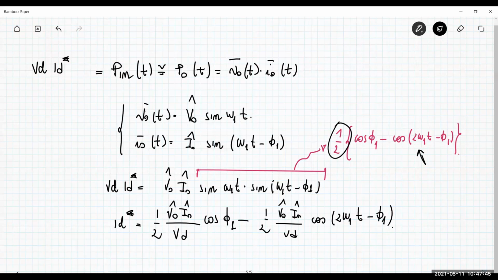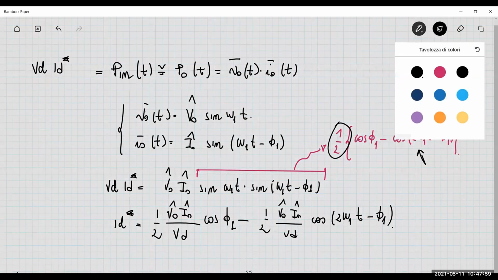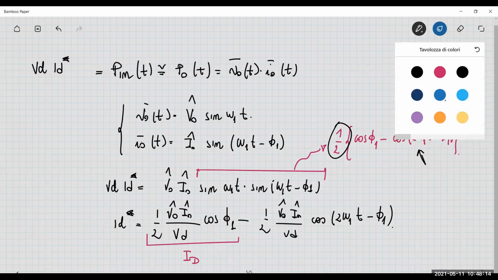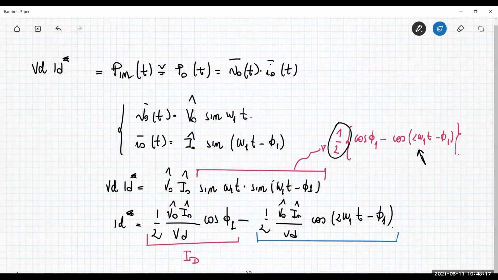Okay, so basically you have that id star, which is the low frequency component of the current flowing at the input side of the inverter, is the sum of one contribution, this one, which is basically constant because it is the product of constant quantities. So this is a totally constant quantity. And then you have minus a current, which is ID2.